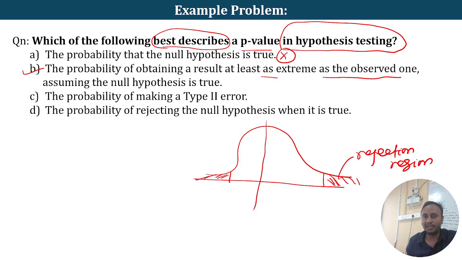No, we are not talking about that here. We'll say that if Type 1 error increases, Type 2 error will decrease, but that is not related to the p-value. Type 2 error is called beta, while Type 1 is the probability of rejecting a null hypothesis when it is true.